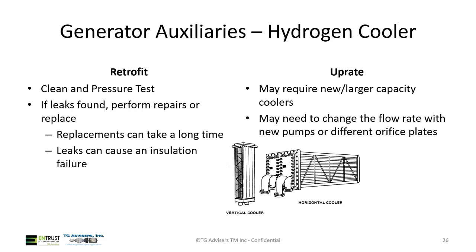Cooler leaks can cause insulation failure, and it's never good to go back into operation knowing that you have a potential root cause for your next failure already in place. For an uprate, you may need a larger capacity cooler. You may need to change your flow rate or pumps or things like that, but you'll have to do a study to figure out, if that is the limiting component, what you would need to do to change that.